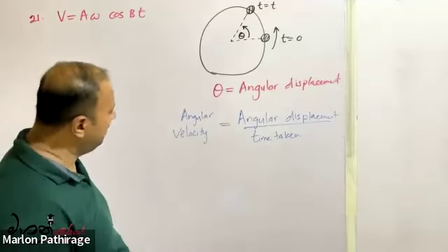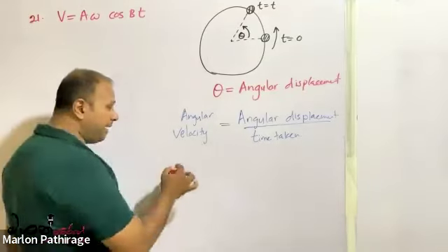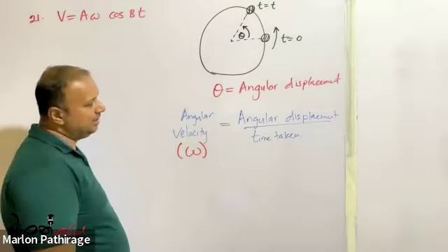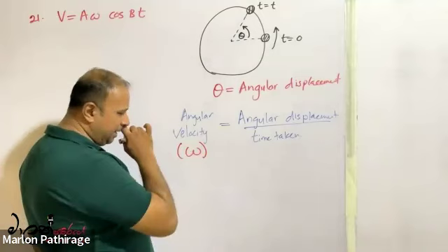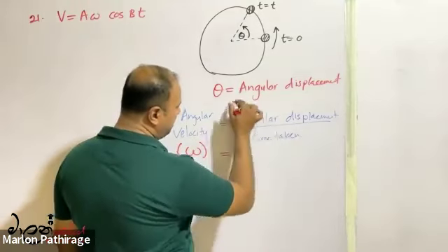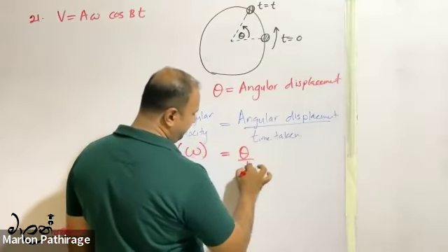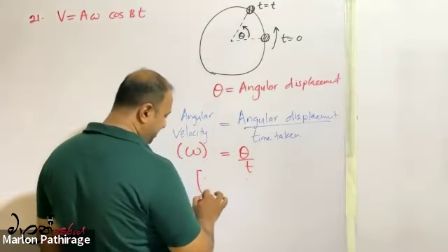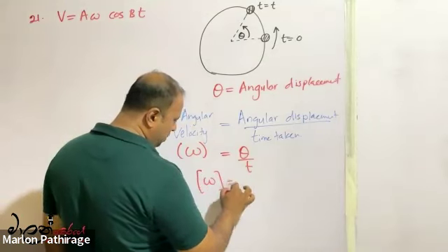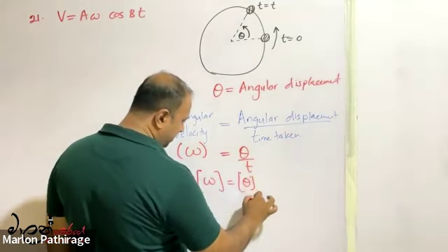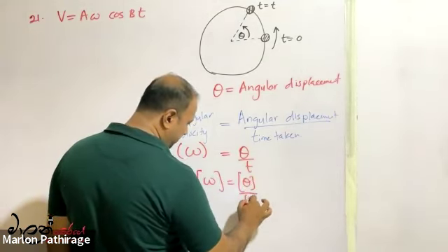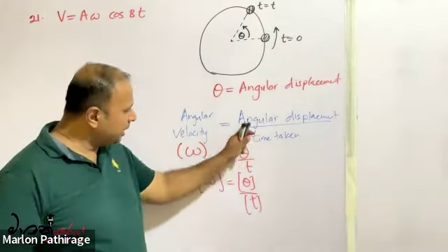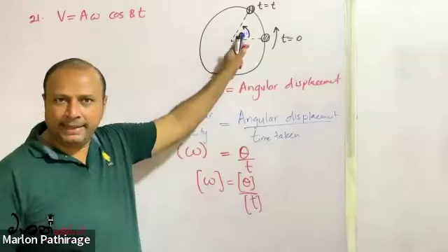Then angular velocity normally we represent it as omega. This is omega. Omega is equal to angular displacement theta over time. Therefore, dimension of omega is equal to dimension of theta over dimension of time. You know, angular displacement means angle.